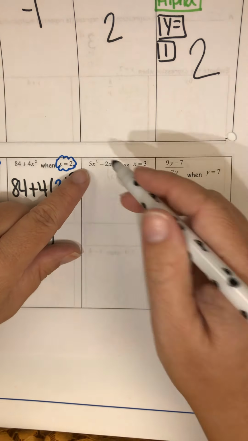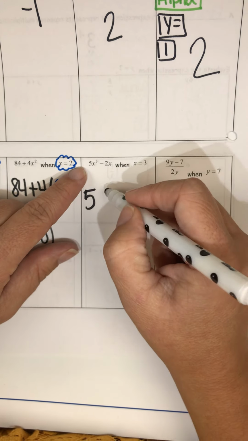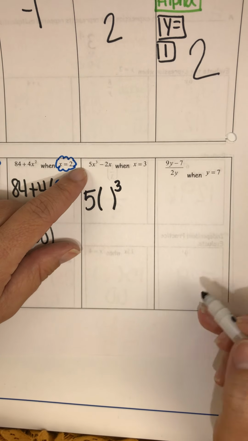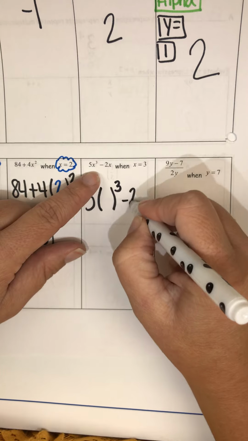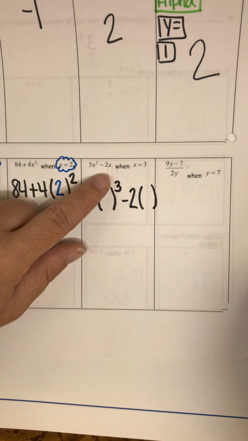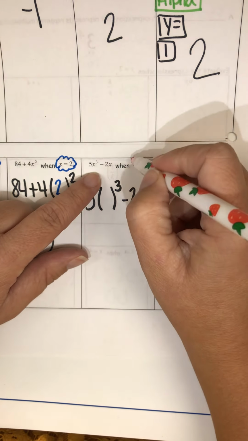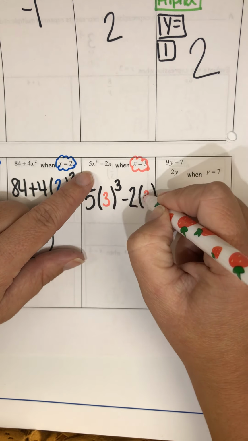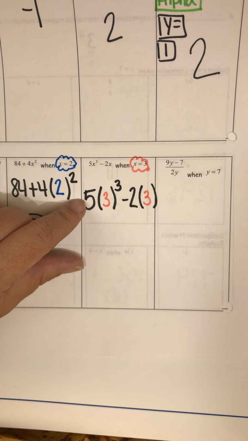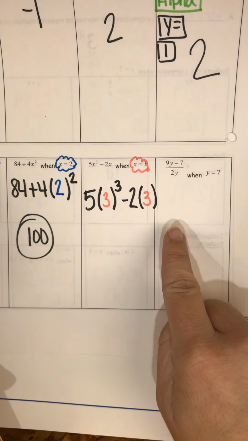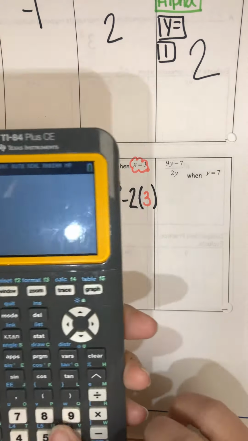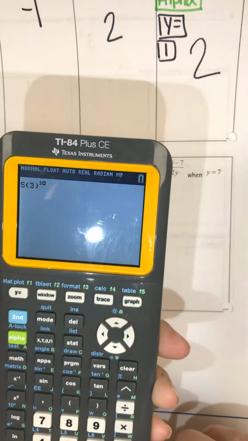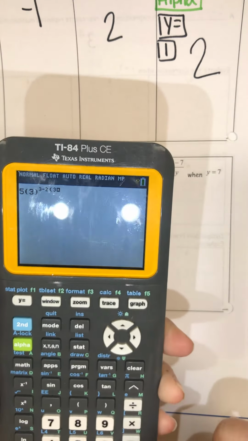All right, the next one is 5x cubed. So again, I'm going to use my parentheses for my x. I'll come back in and fill it all in. Minus 2, and then I got another set of parentheses because I got another x. My x, it tells me right here, it was 3. So I'm going to write a 3 inside my parentheses. Now, I can type that directly in because there's no more letters into my calculator here. 5 parentheses 3 cubed minus 2 parentheses 3.